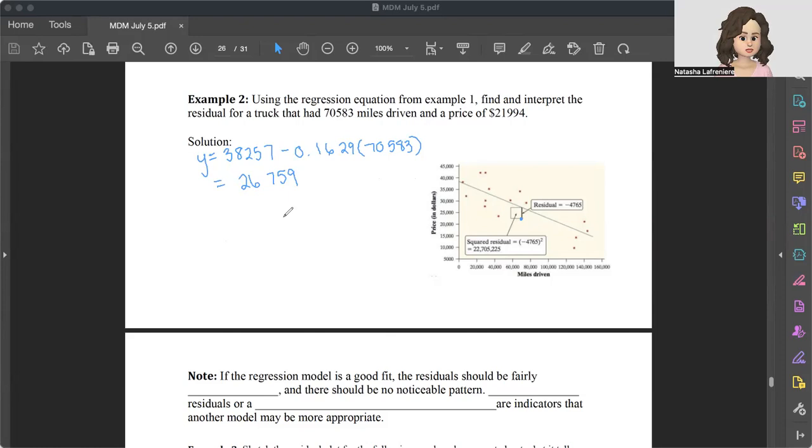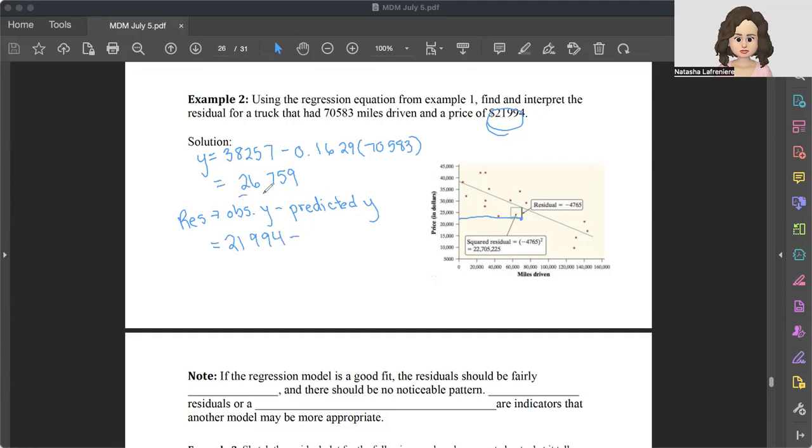But for this truck, the actual price is 21,994. So you have to do your residual, which is your observed y minus your predicted y. Okay, so your observed Y is right here. And if you were to look here, it gives you this total amount, 21,994.